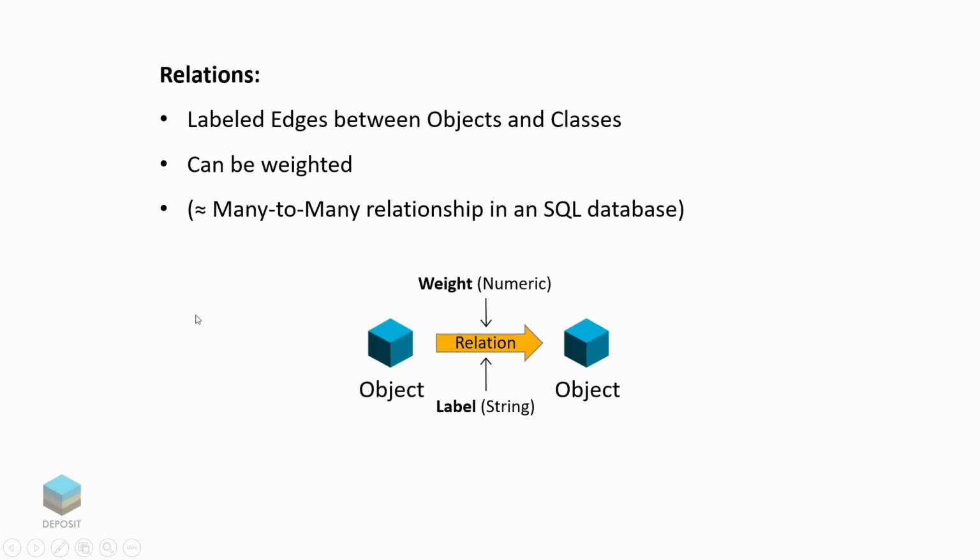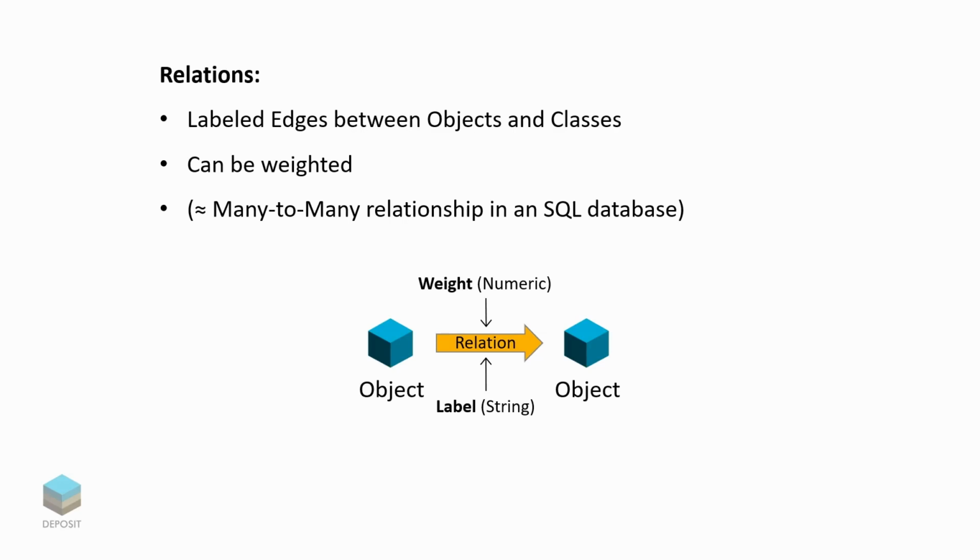Now, another concept are relations. So these are labeled edges between objects and classes. So it can be between two objects, or between two classes, or between an object and a class. And relations can be weighted. A corresponding concept in the SQL world would be a many-to-many relationship.